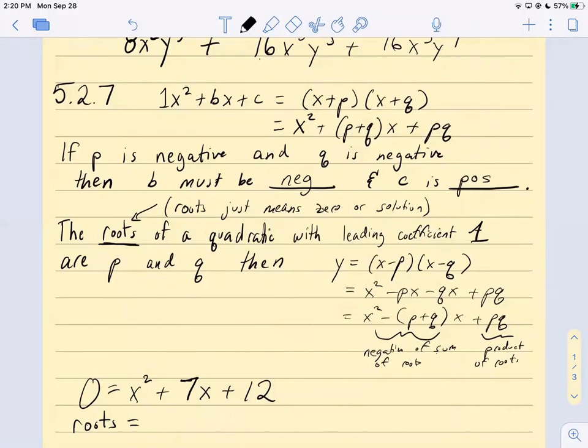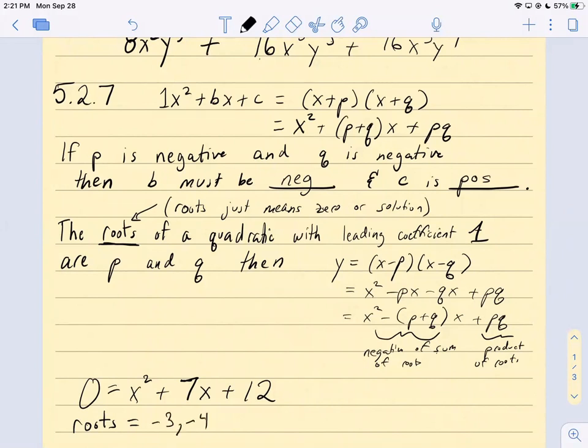Roots just means a solution. They're not 3 and 4. Those are the x plus 3, x plus 4, but the roots would be negative 3 and negative 4, so that's what actually makes it 0.